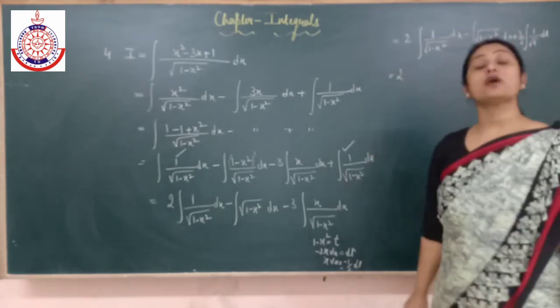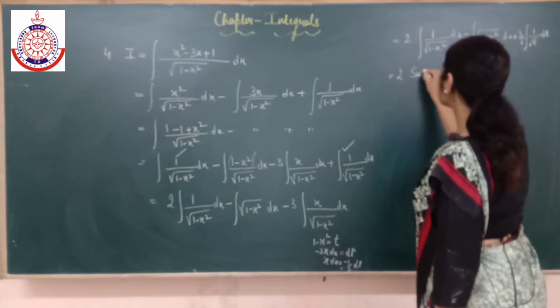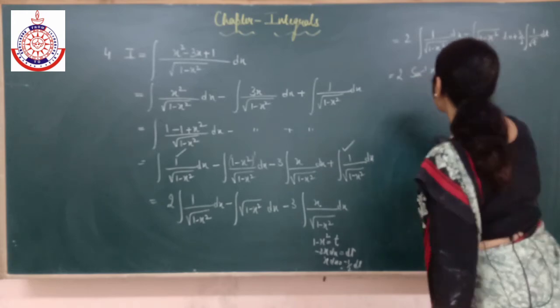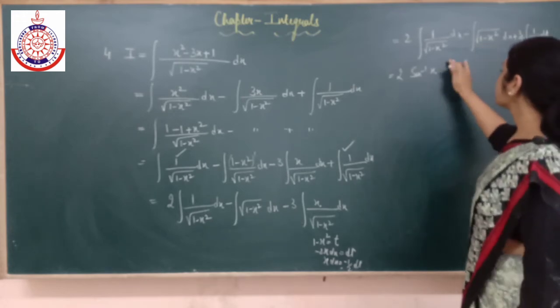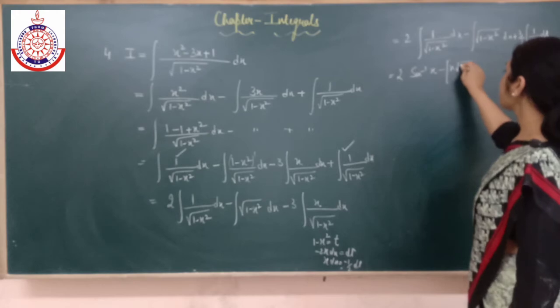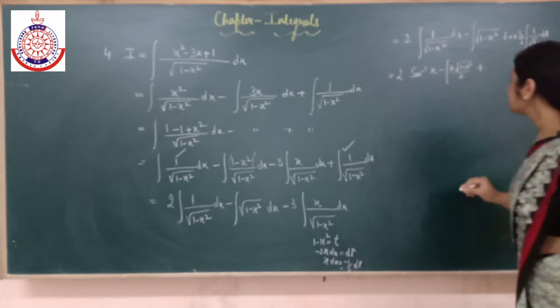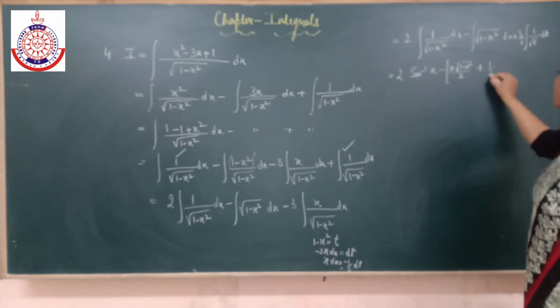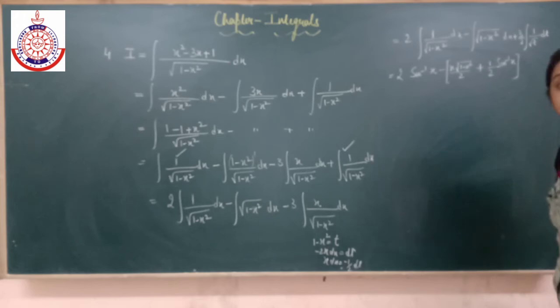What is the integration of this? This is the form of 1 upon under root a square minus x square. So that is sine inverse x by a. Plus, this is the form of under root a square minus x square. So what is the integration? x into under root a square minus x square by 2 plus a square by 2 sine inverse x by a.